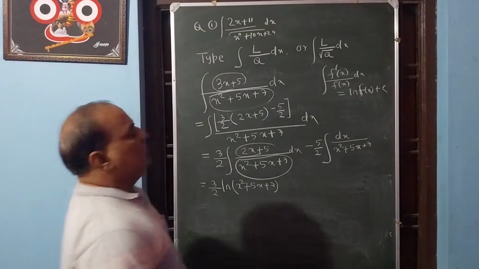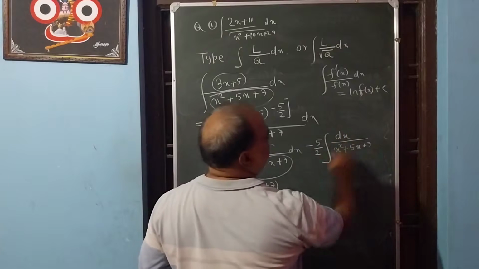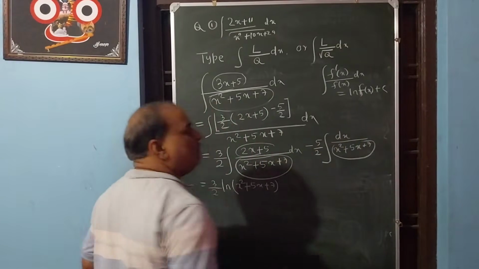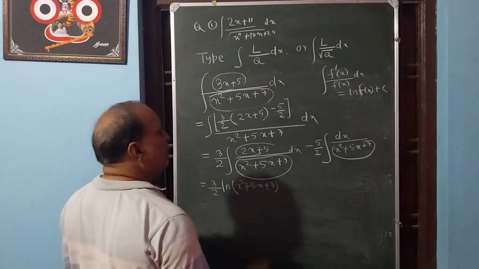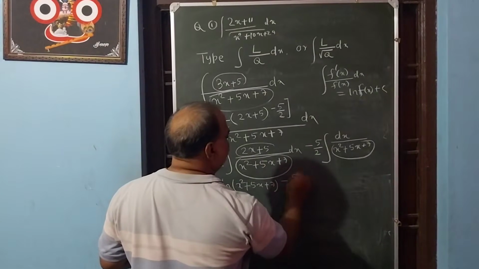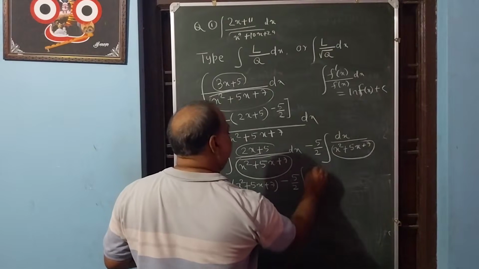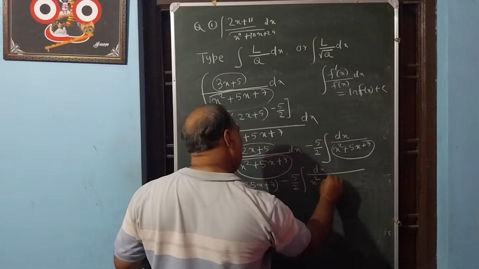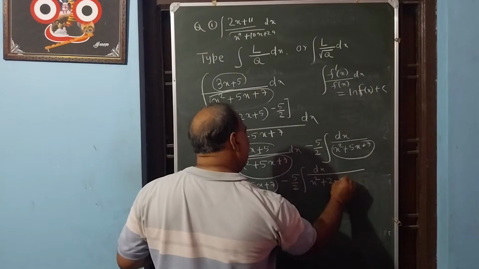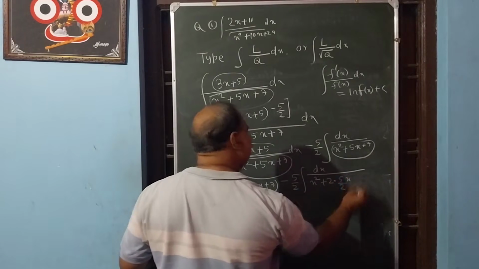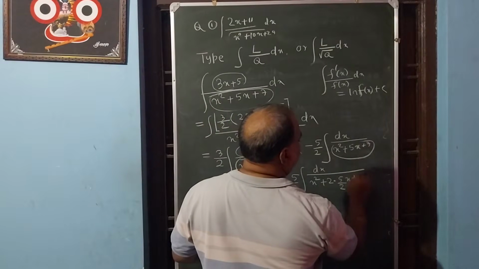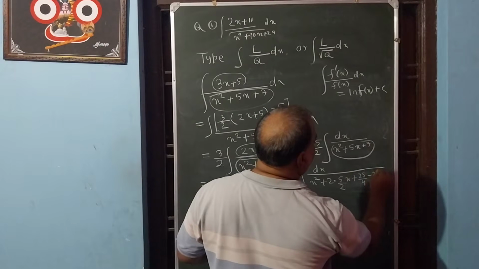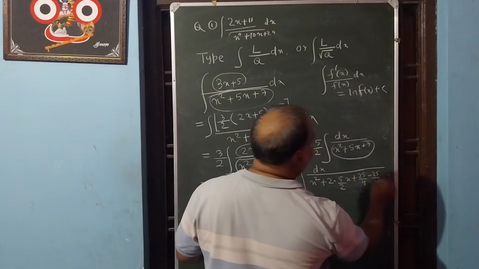Okay, now this is in the form of dx upon quadratic, so you have to break this as a sum of two square terms. How can you do it? Write down, it is minus 5 by 2 dx upon x square plus 2 into 5 by 2 into x plus 25 by 4 added and 25 by 4 subtracted.